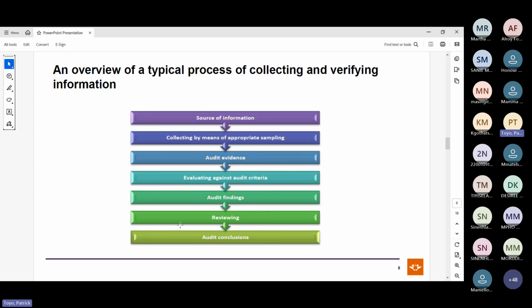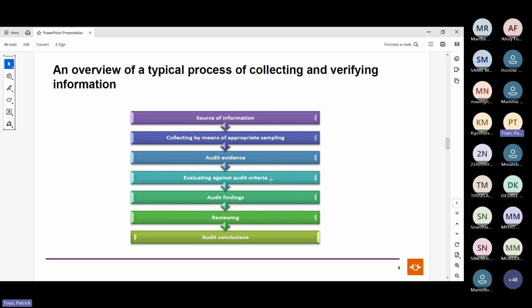And then this is just the typical approach of auditing. You're collecting by sampling, you evaluate what you see versus what is the standard.